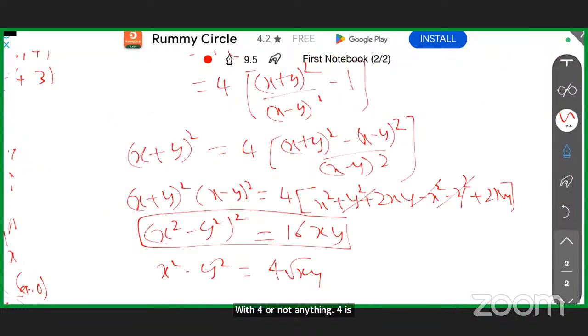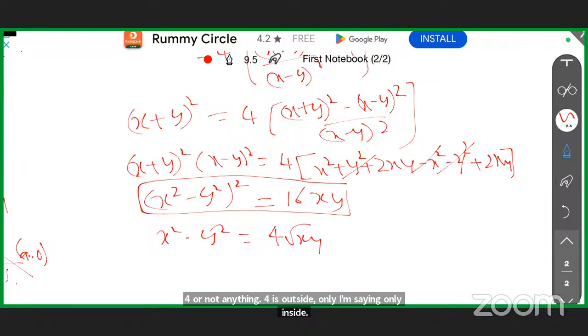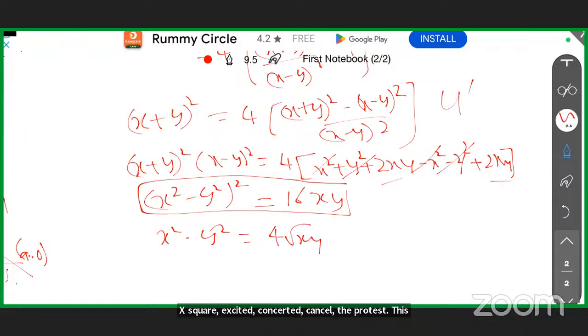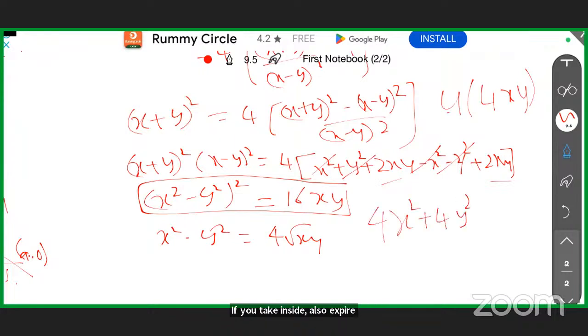When I simplified inside, x square got cancelled, y square got cancelled. Left out is this one. That is 4 into 4xy. 4 into 4xy will be equal to 16xy. If you take inside of the same thing, 4x square plus 4y square plus 8xy minus 4x square minus 4y square plus 8xy.